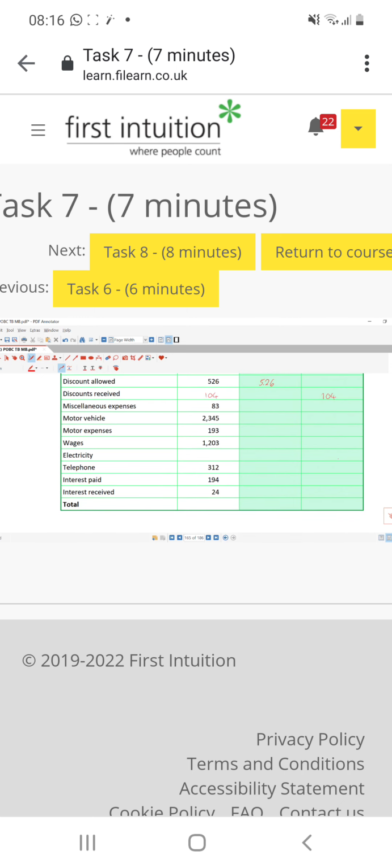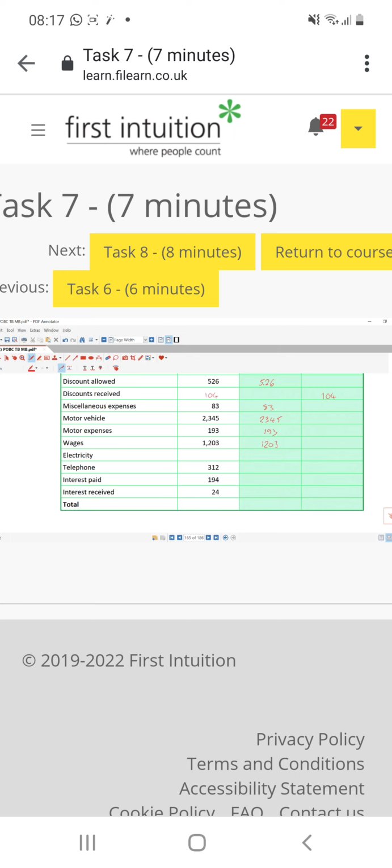And then our final few for our miscellaneous expenses, still an expense, so will be on the debit side for that 83, just like we had our non-current assets earlier for machinery. We have non-current assets for motor vehicles, which are still assets at 2345. Motor expenses of 193 was still an expense, so therefore a debit, as are wages of 1203, just different types of expense, but still an expense.